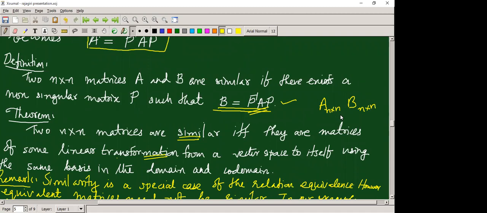When we say that they are similar, there is a linear transformation T from V to V, and suppose there is a basis B such that the matrix of T with respect to B is equal to A, and another basis B dash such that the matrix of T with respect to B dash is equal to B. So two n by n matrices are similar if they are matrices of the same linear transformation from a vector space to itself using the same basis in the domain and codomain.